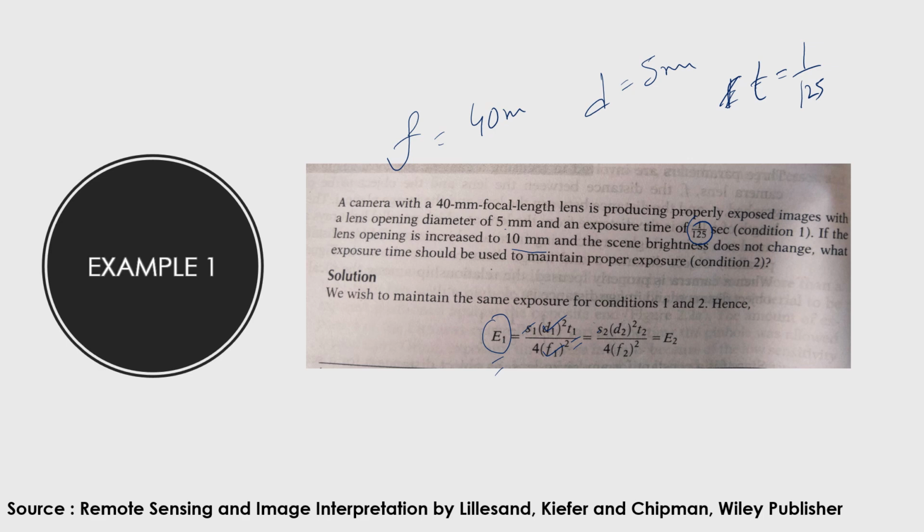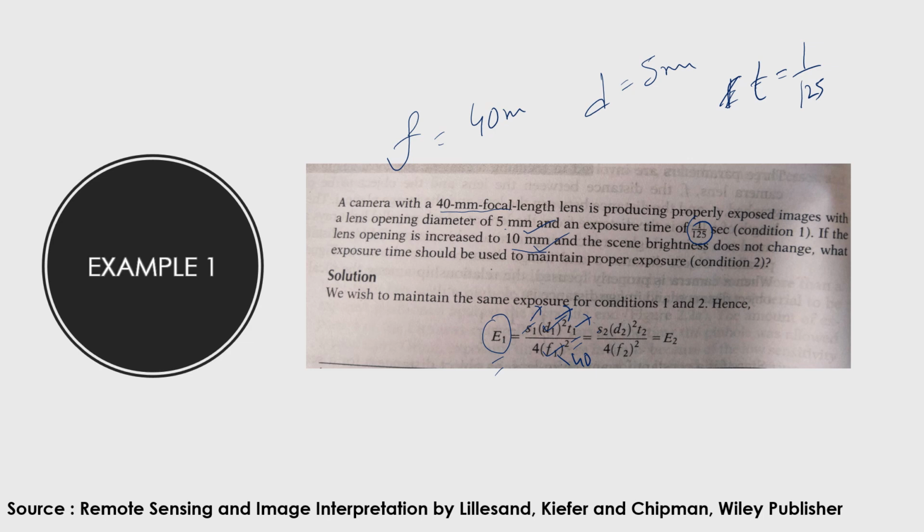Just put down the values. You see this 40 millimeter focal length, right? Focal length is 40. S1, scene brightness, doesn't change in any case. D is the diameter, it will change, and T will change a little bit. So it's saying that the initial one is 5 millimeter, the second is 10.